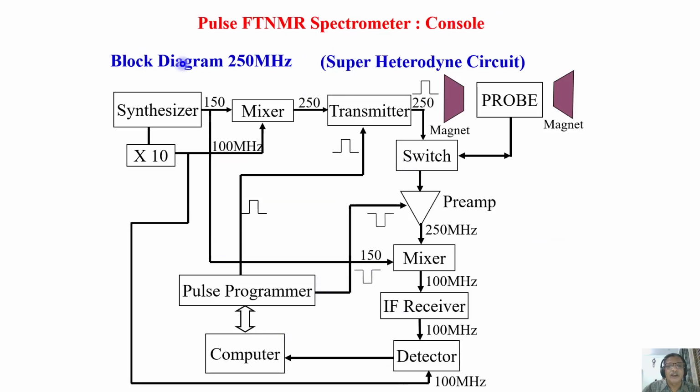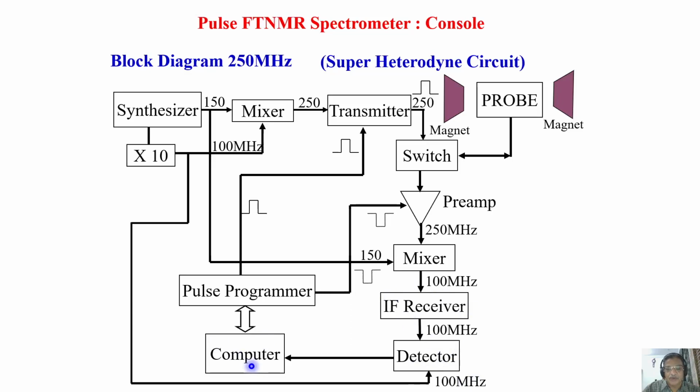This is a small block diagram of a 250 megahertz console. It is a superheterodyne circuit. As I said, there is a probe, and then of course the synthesizer generates the frequency here, sent to the mixer, transmitter, and then we send this signal to the probe, and we receive the signal, give it to the preamplifier, and then again mix it and all these things. We do a few things and detect the signal.